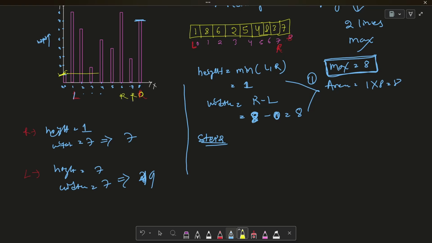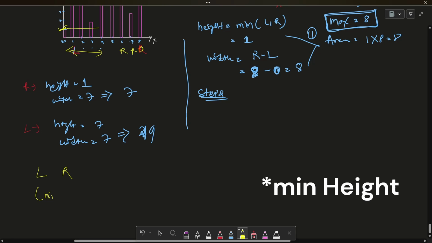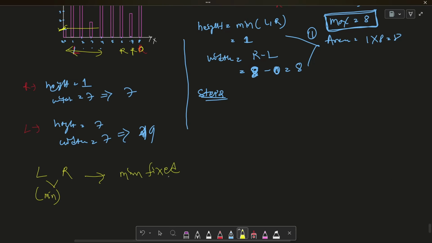Still the height will be the same, and it's also decreasing the width. So whenever we have two pointers, left and right, and a minimum between these two, it can be left or it can be right. The minimum is fixed, and whenever we move the other pointer, the width will decrease and we'll get a smaller value than the last result.